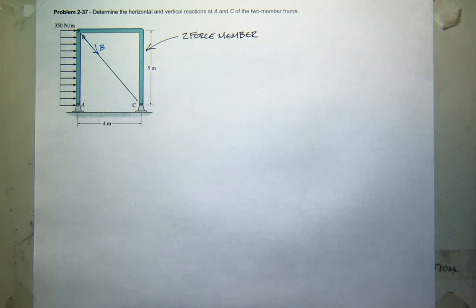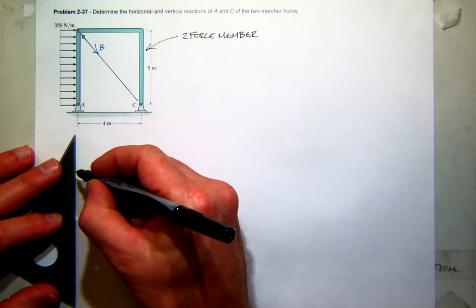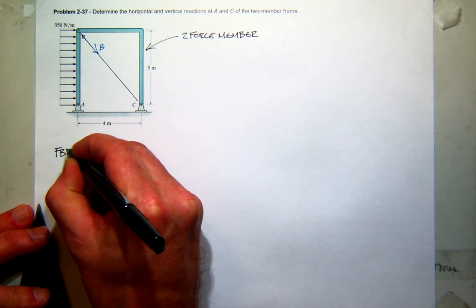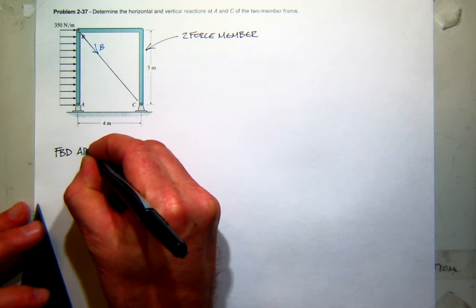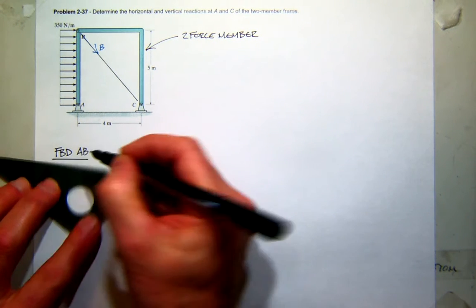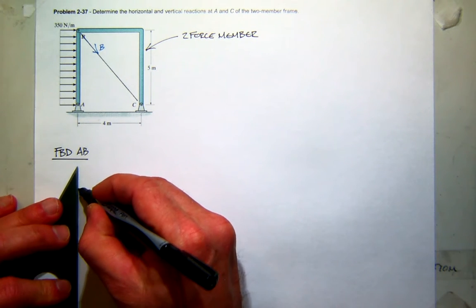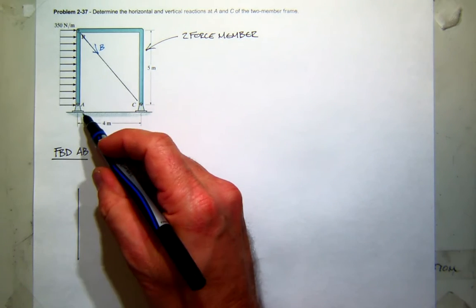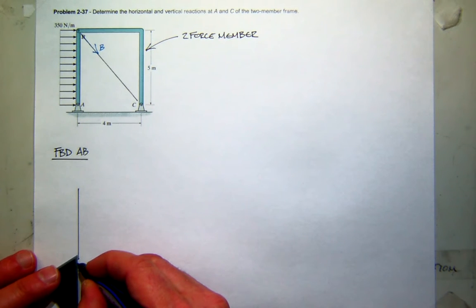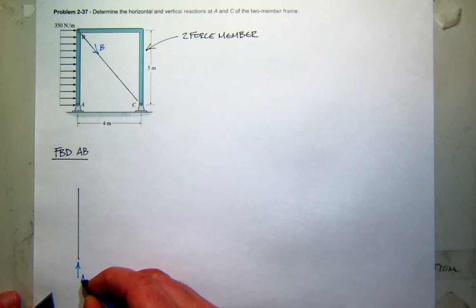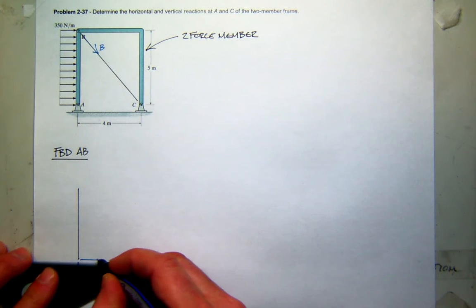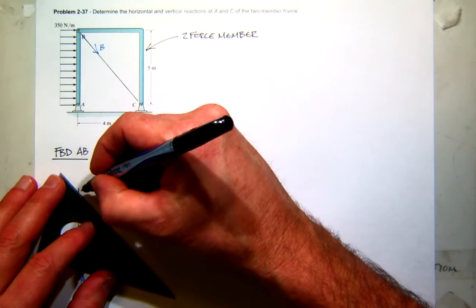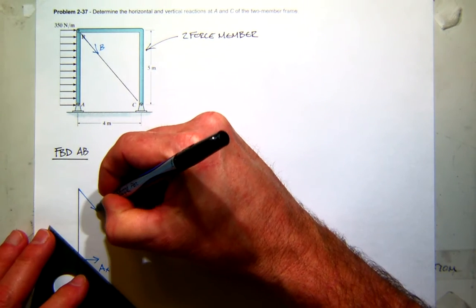With that, I'm going to come down here and now just draw a free body diagram of section AB. And let's see what we can do with that. So here's the AB. We know A is a pin, so I'm going to assume unknowns AY and AX. We've already discussed this situation, so I'm going to assume that I have this reaction up here.